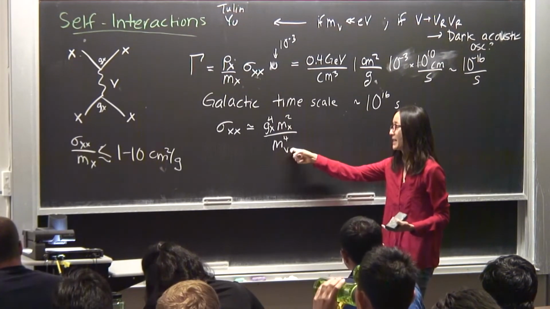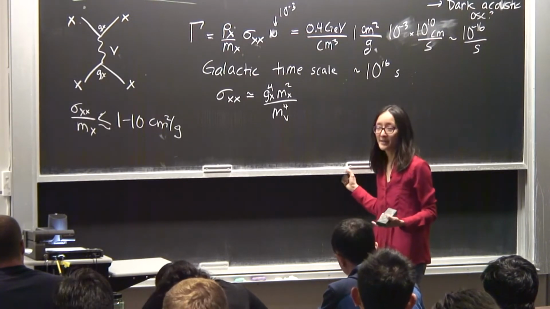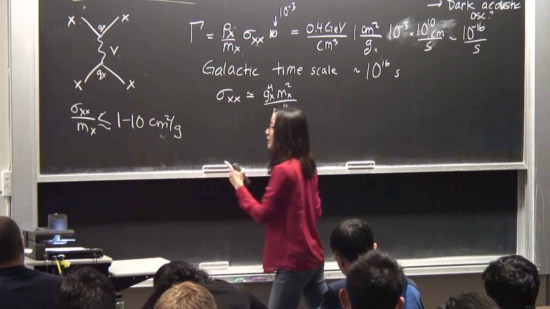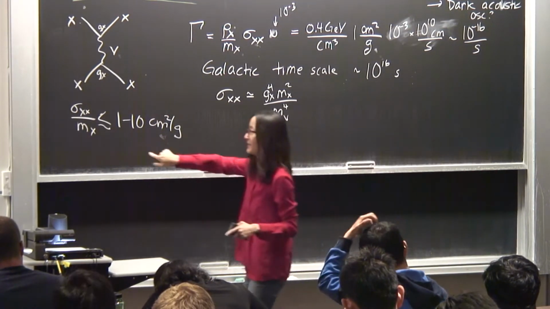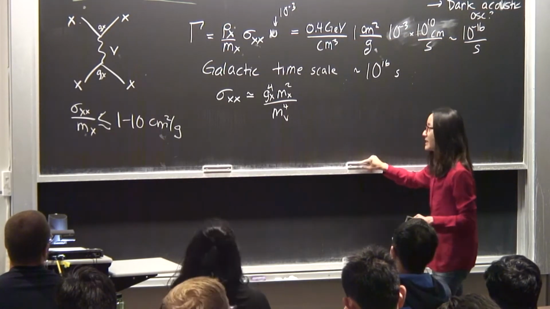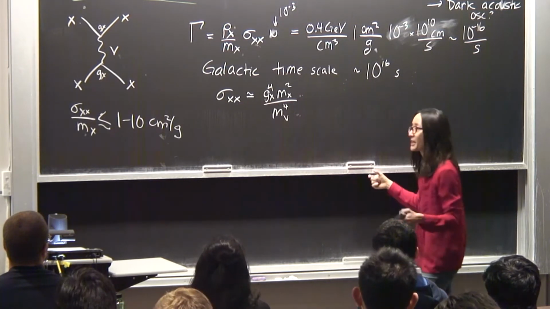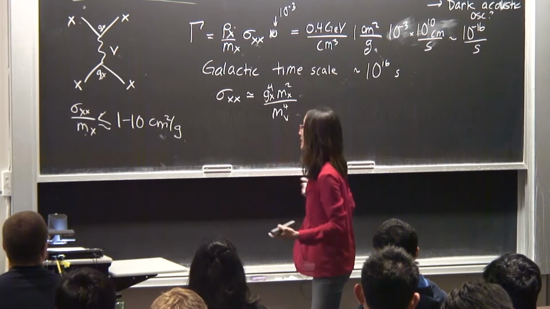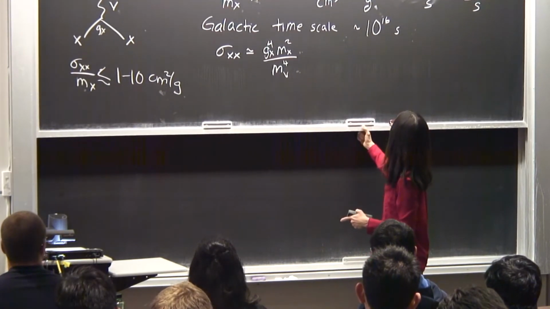And the fact that I have a light mediator means this can be pretty large, especially if you compare, for instance, these numbers to what you expect for QCD if this is around a GeV. All of these scales are similarly below a GeV. Then even for order 1 couplings, this can approach this limit, this cross section.